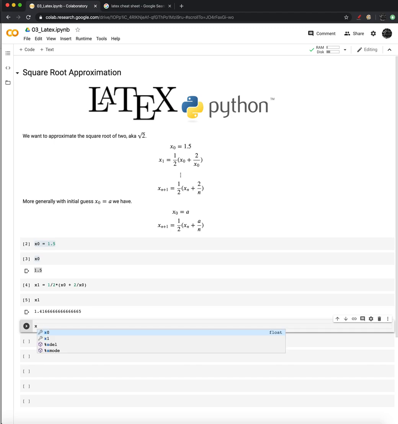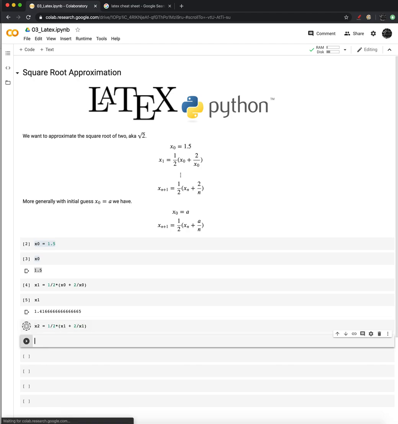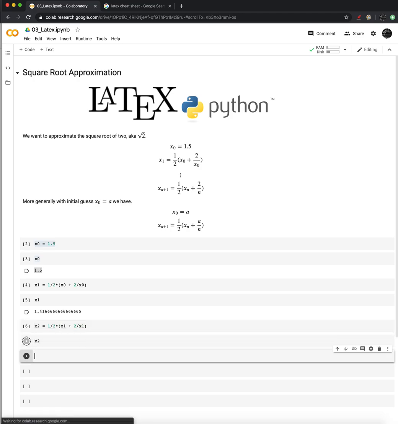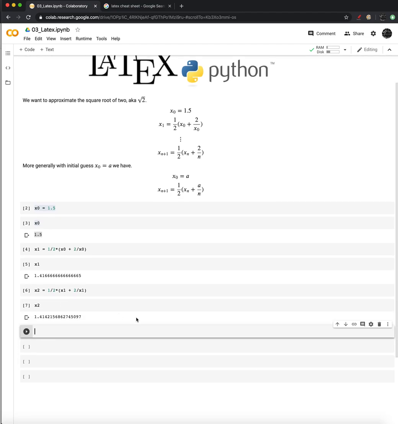We could find a better approximation still by saying x2 equals 1/2 times x1 plus 2 over x1. And let's look at that. And one more time, x3 will equal 1/2 times x2 plus 2 over x2.